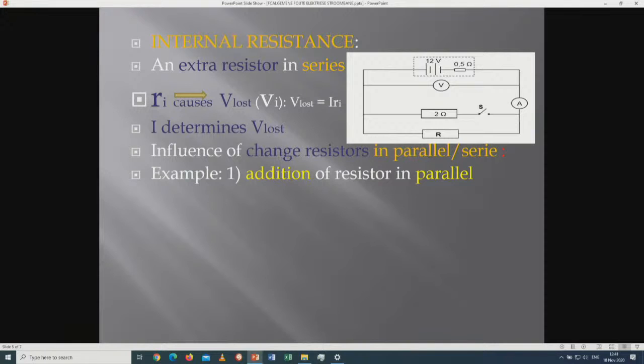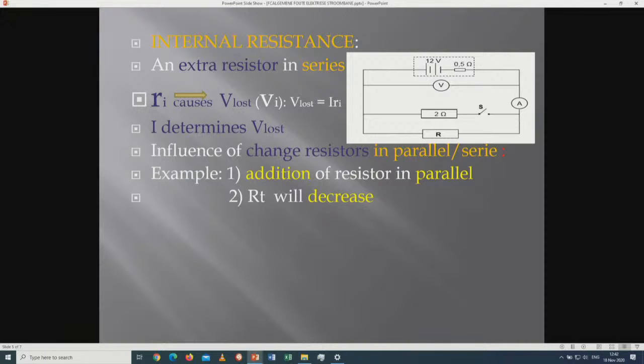The question will be, what will the influence be on V external? So now you must go through the process of determining the influence of the addition of a resistor in parallel. Firstly, like I've said previously, addition of resistors in parallel will decrease R total. In the same way, if you remove a resistor in parallel, the total resistance will increase.